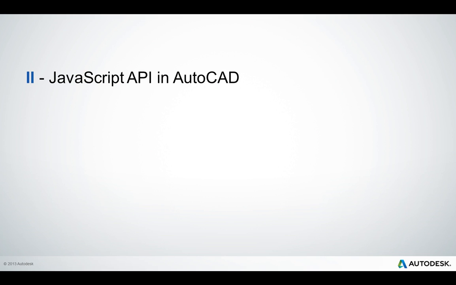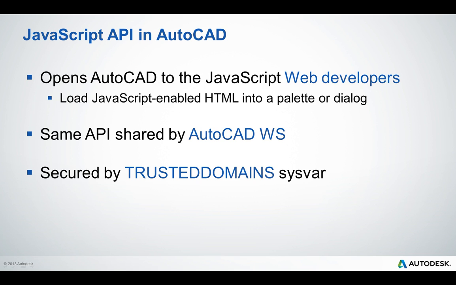Let's now take a look at the JavaScript API inside AutoCAD. The idea behind this JavaScript API for AutoCAD is to open it to JavaScript web developers. You will be able to load a JavaScript-enabled HTML page into a tool palette or a dialog inside AutoCAD.